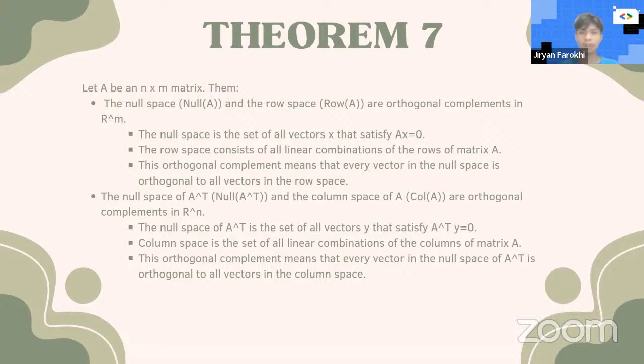The column space of E is the set of all linear combinations of the columns of matrix E. This orthogonal complement means that every vector in the null space of E transpose is orthogonal to all vectors in the column space. The connection between theorem 7 and theorem 6 is about how orthogonal complements are crucial in understanding the geometry of matrices and their subspaces.